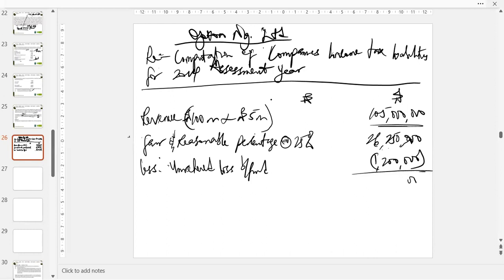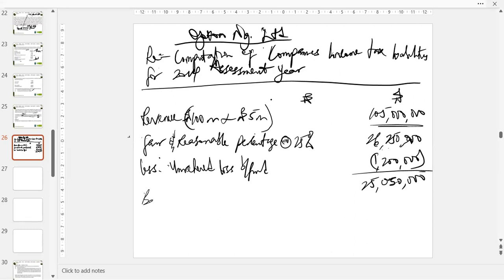If you deduct this from this, what do we have? 25,050,000. So we have 25 million naira now.